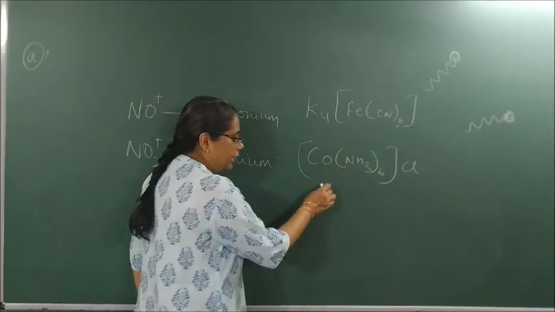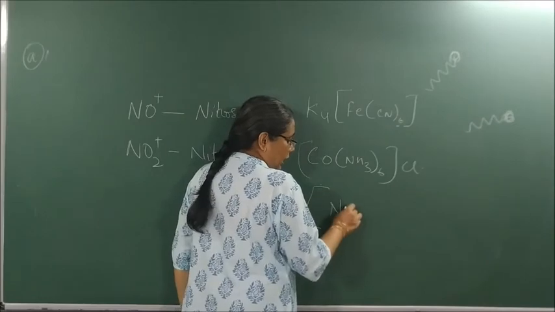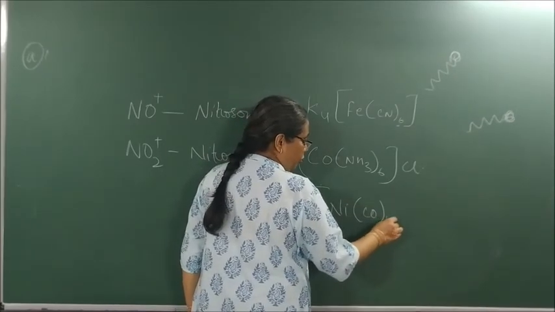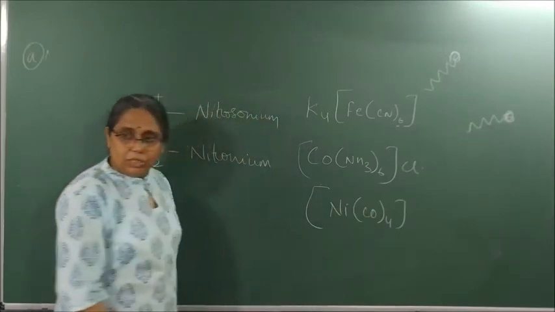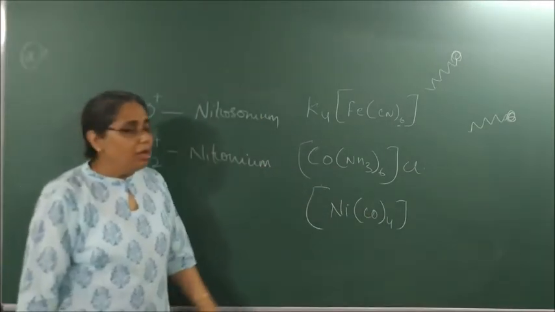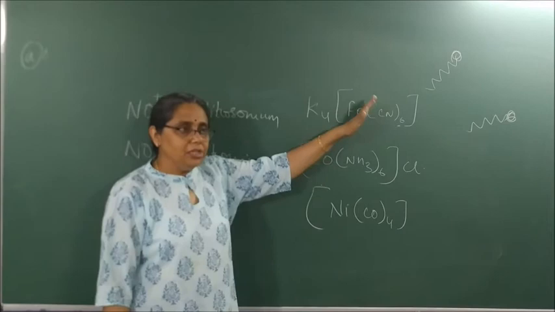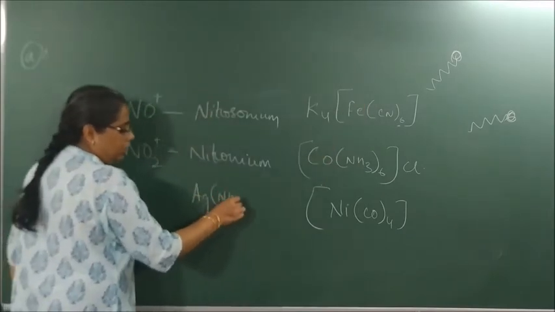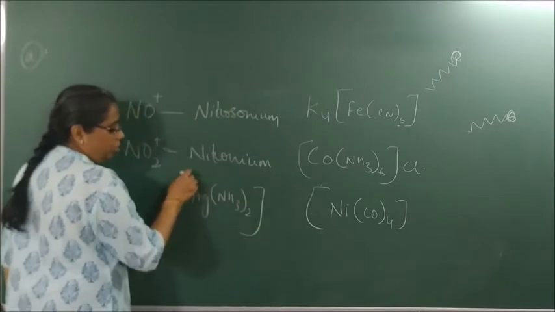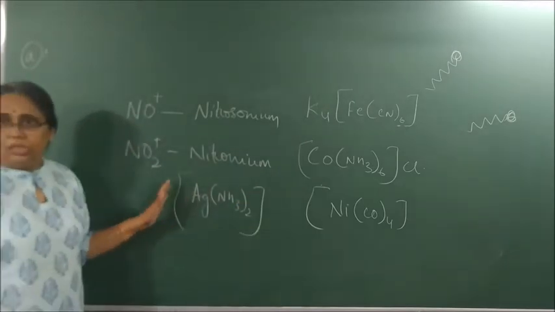Let us suppose I write Ni(CO)4, tetracarbonyl. Always name how many times the ligand is repeated. If I write Ag(NH3)2, so diammine silver.